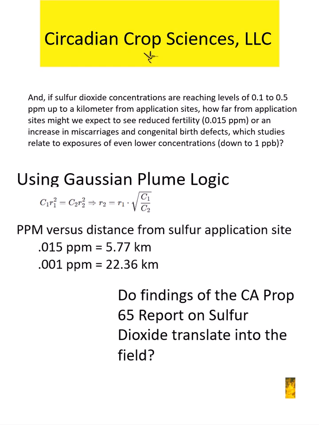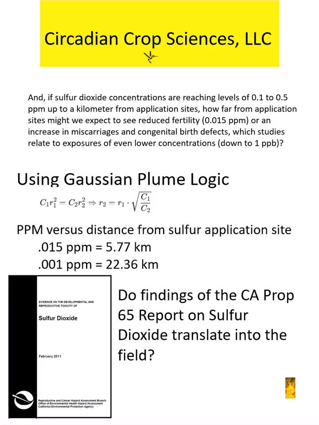Using a simple gas diffusion model, and knowing that we are seeing sulfur dioxide up to 0.5 parts per million, likely up to a kilometer from application sites, we can calculate at what distance we might see these lower concentrations that are attributable to reduced fertility and birth abnormalities and miscarriages, etc. And in doing so, we can see that up to 5.77 kilometers from application sites, we might see rates of sulfur dioxide that could be reducing fertility in these areas.